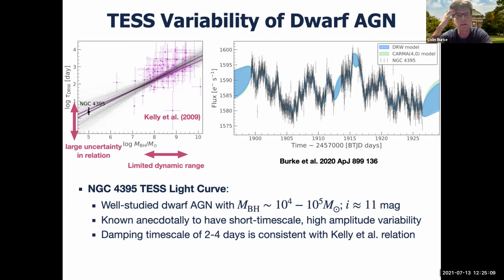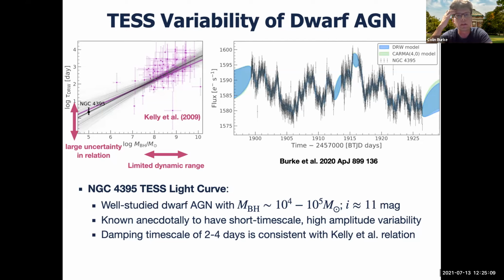One is it's a famous dwarf AGN, with one of the smallest supermassive black holes that's known, at least nearby. It's also very bright, so TESS unfortunately can't look to very faint depths. So the fact that 4395 is very bright helps. And it's also known to have very rapid and high amplitude variability, at least anecdotally, because it's such a well-studied galaxy. So I thought this would be a perfect target for TESS.